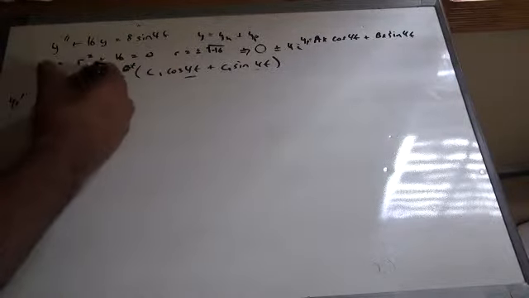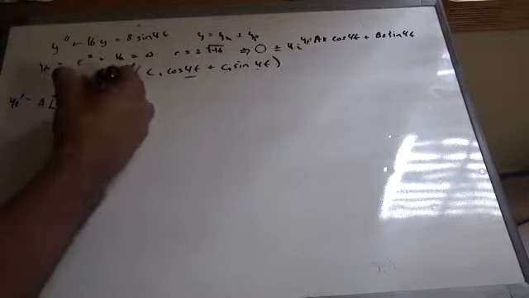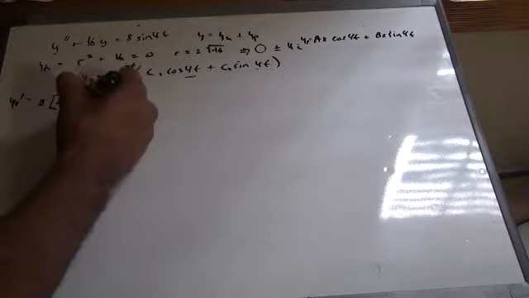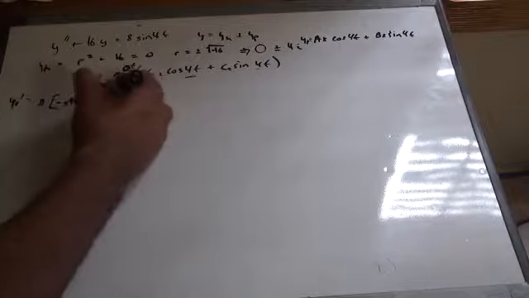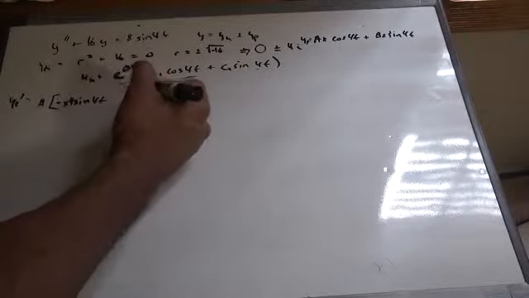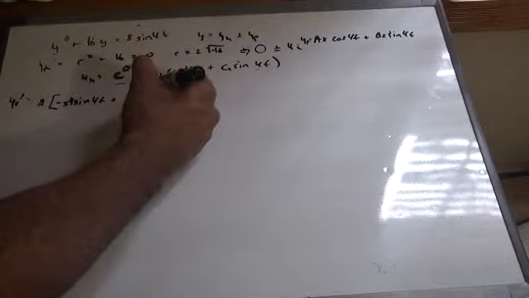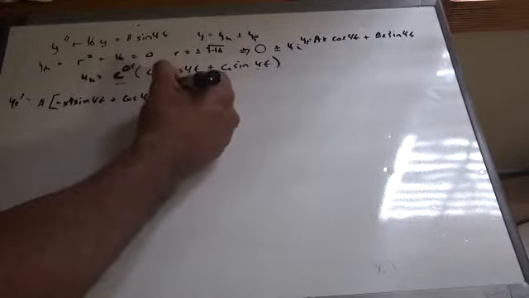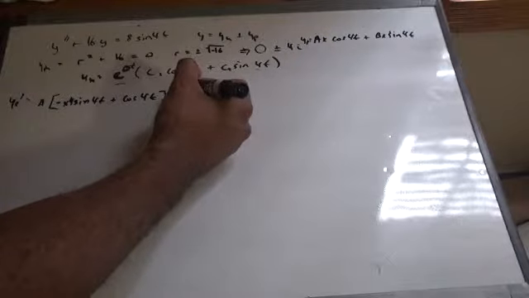I'm going to factor out the constants. We have x times derivative of cosine, which is negative 4 sine 4t, plus derivative of x, which is 1, times cosine. We're done with that term.